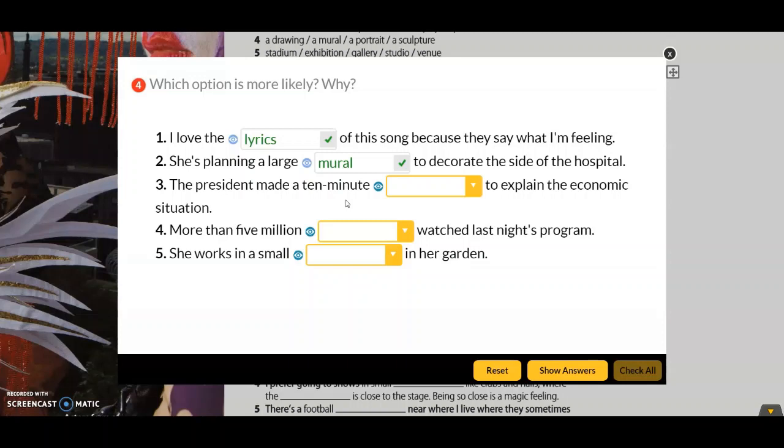So let's go to number 3. The president made a 10-minute blank to explain the economic situation. Which one do you guys think is the correct option? Production or broadcast? Remember, guys, that a production is everything that works behind the TV.